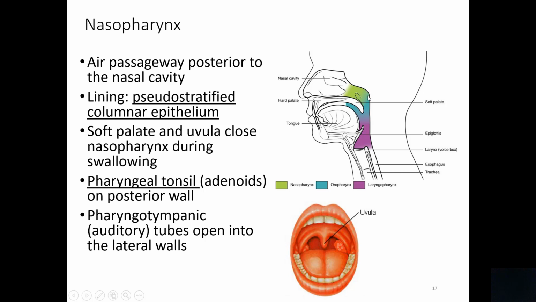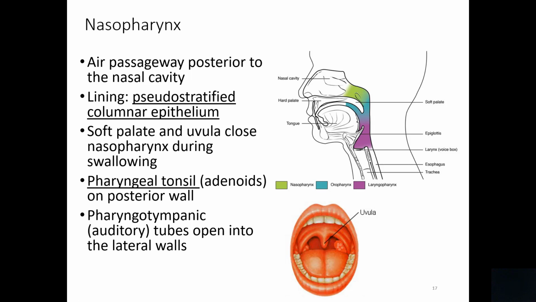Pharyngeal tonsils or adenoids are located on the posterior wall of the nasopharynx. Then, right here, we also have openings left and right for our pharyngotympanic or auditory tubes. Pharyngotympanic tubes connect our nasopharynx with what part of the ear?